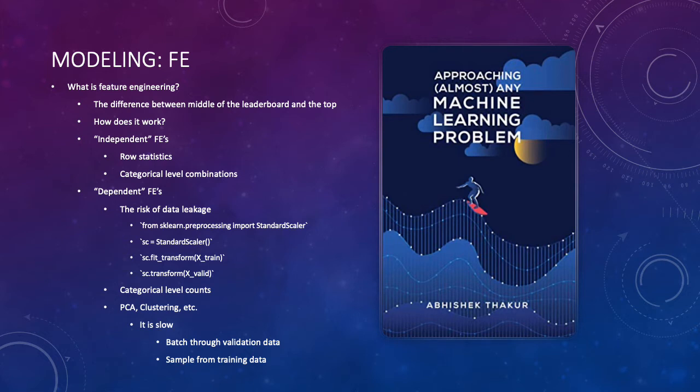But then there are some issues if we want to do something like dependent features. An example of a dependent feature is if you want to normalize a column. You need to take the sample mean and the sample standard deviation. If you combine the training and test data sets to recalculate those sample means and standard deviations, then the resulting normalization process is biased.